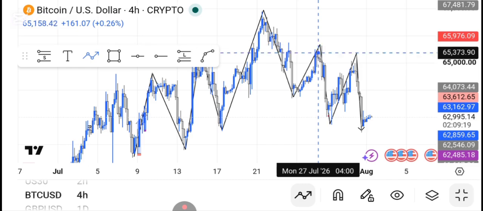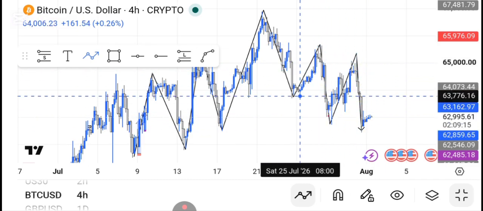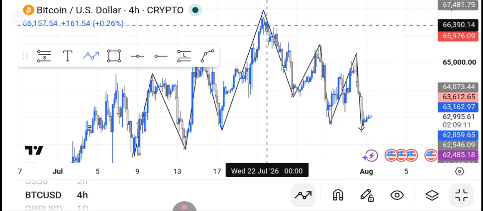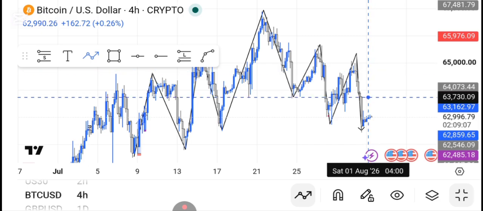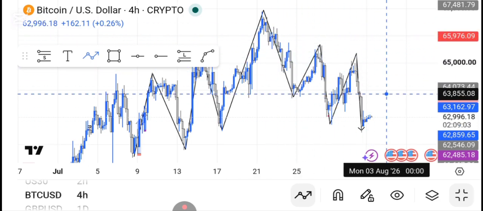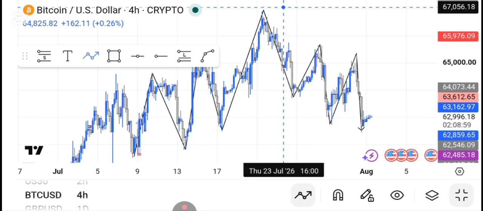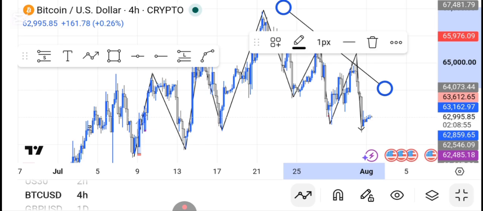You are trading against the trend because you don't know where these pullbacks will end, but already you know that the market is downtrending, so you should look out for just sell opportunities. If you do that when the market is downtrending like this, you are likely to make profit, a lot of profit. But when you go against it, that's when you lose money.